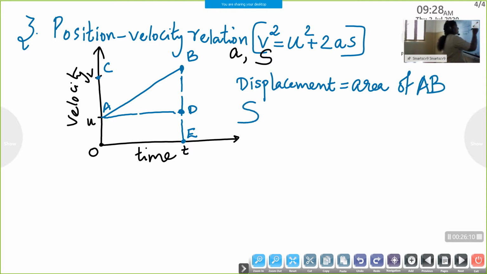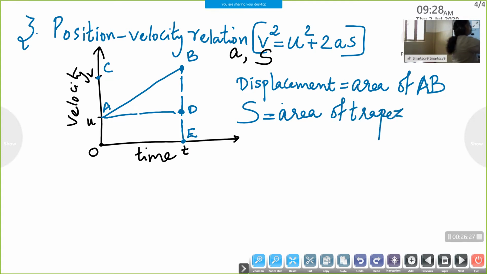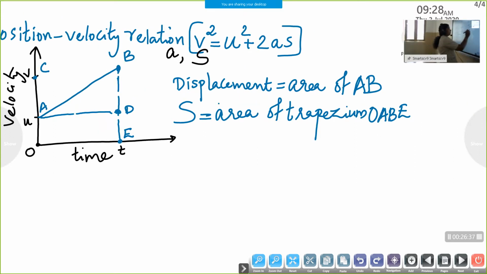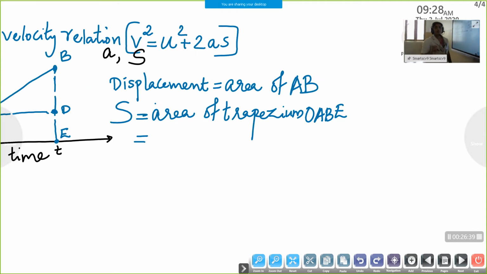So displacement s is equal to the total area OABE, and the shape is a trapezium. So directly we are going to find the area of the trapezium. You have to name that trapezium OABE. How will you find the area of a trapezium?